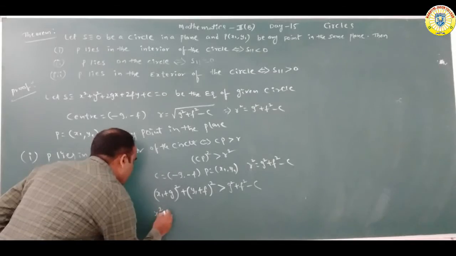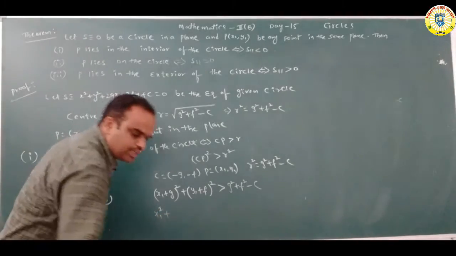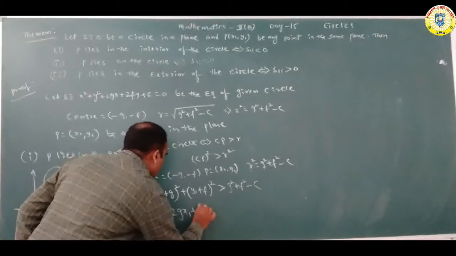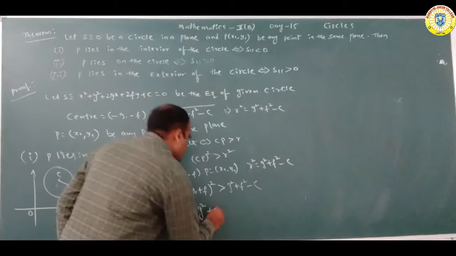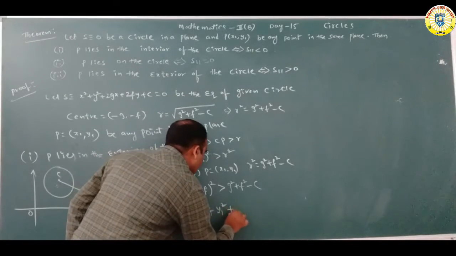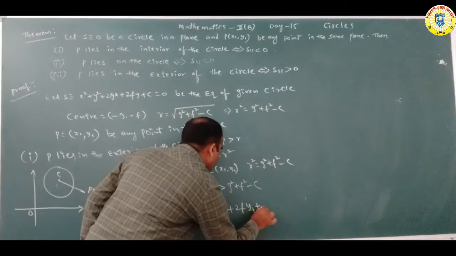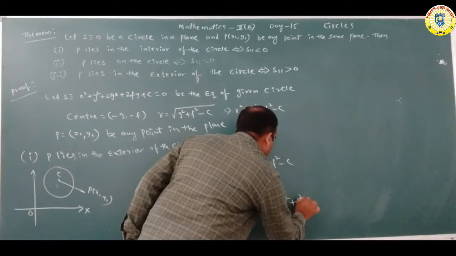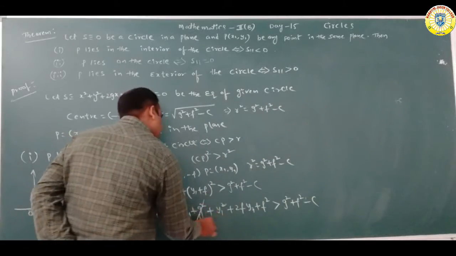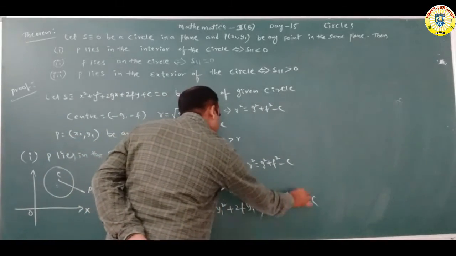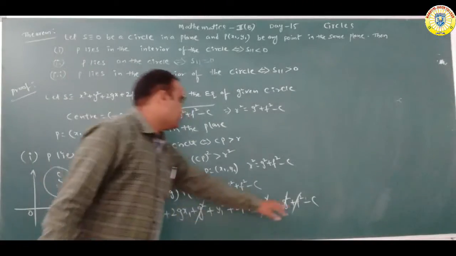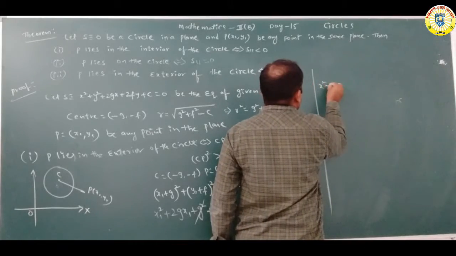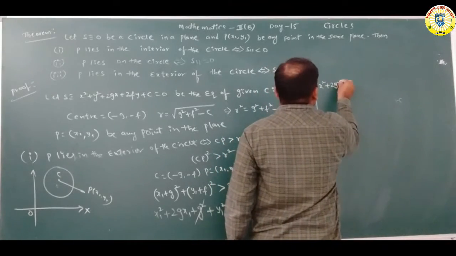Here x1 square plus 2gx1 plus g square, and (y1 plus f) whole square is y1 square plus 2fy1 plus f square, greater than g square plus f square minus c. g square cancels, f square also cancels. The remaining minus c we take to the left side. Here already we have x1 square plus 2gx1.